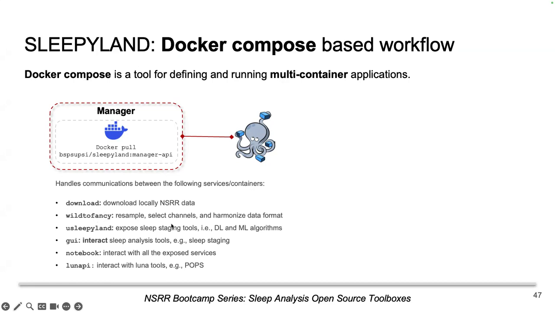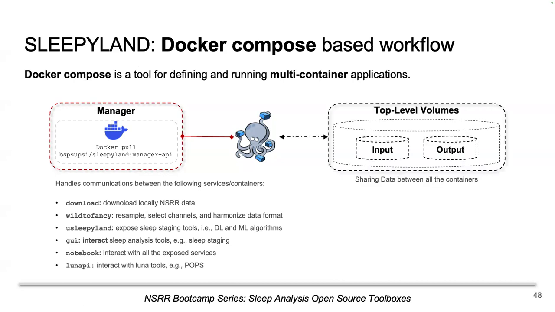This other container is the harmonization container. The Sleepyland container is where we have all the algorithms. We are exposing the deep learning and machine learning algorithms, the pre-trained ones. Then we have the container of the GUI and so on. So the manager is important because it's via the manager that we are always talking with all the other containers.